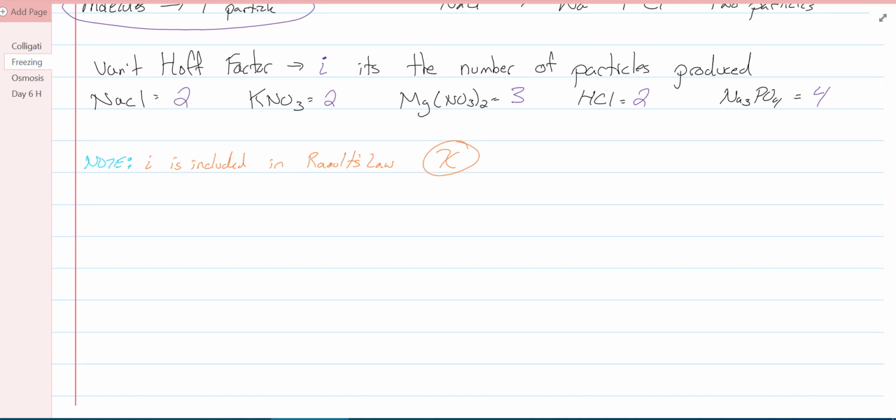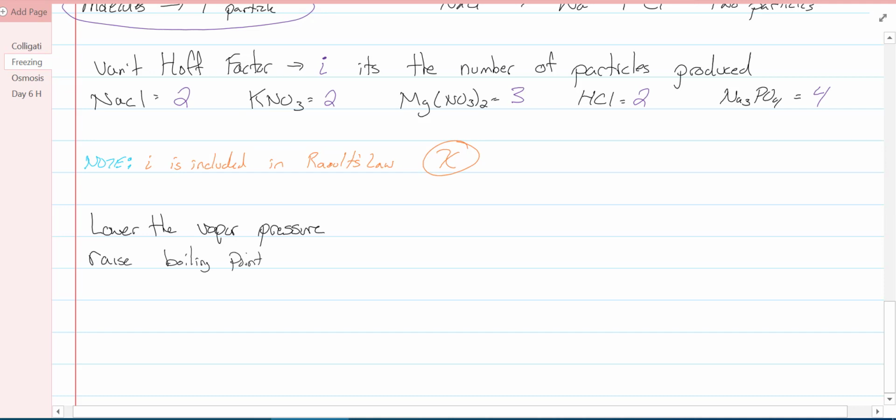Alright? So we lower the vapor pressure, which means we raise the boiling point, and we lower the freezing point or melting point.